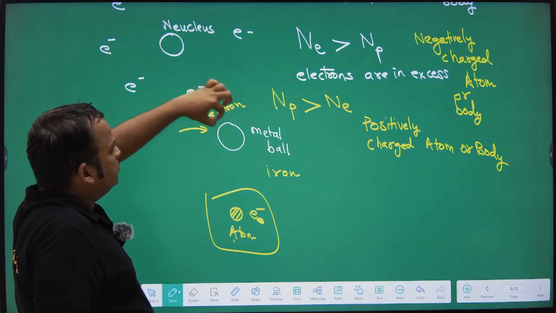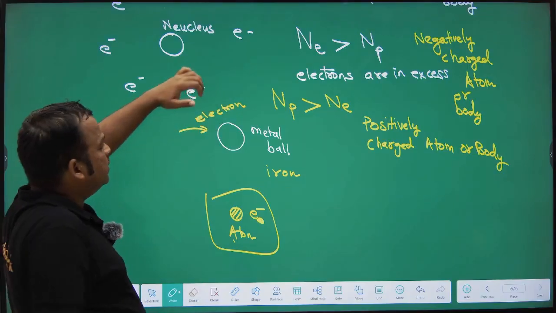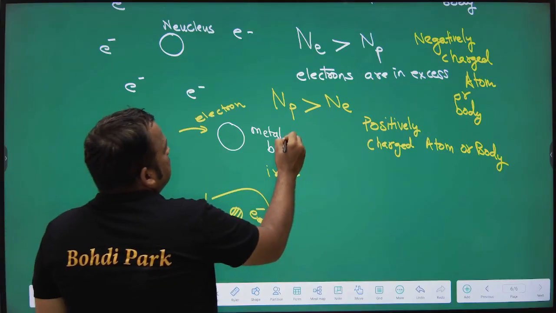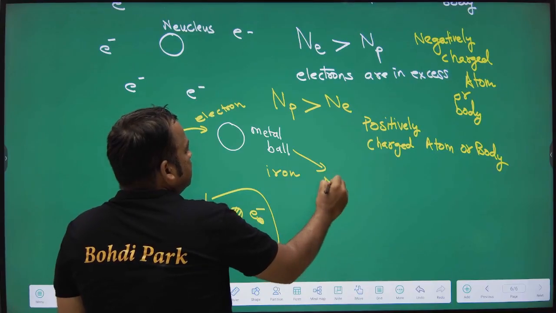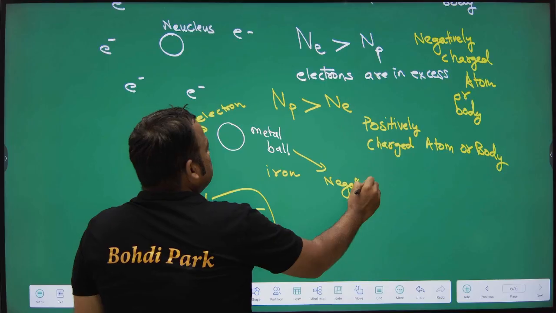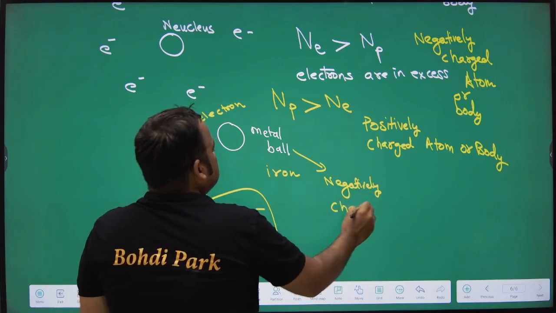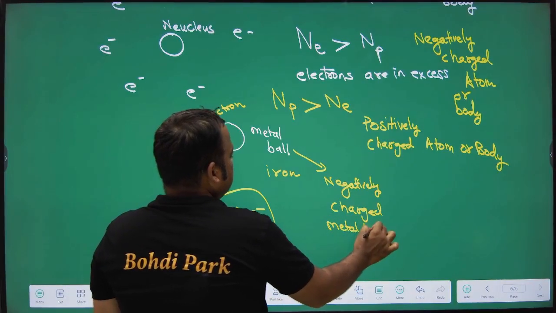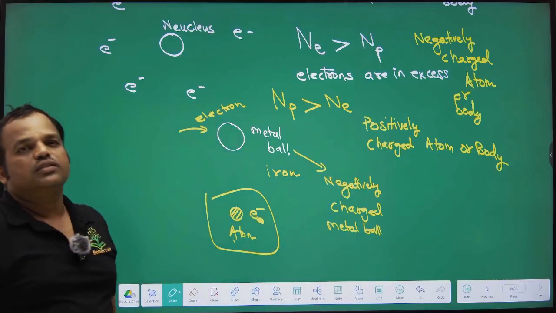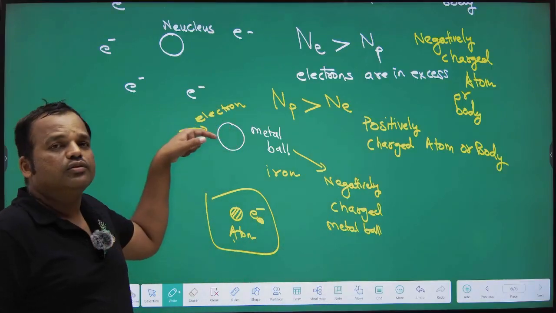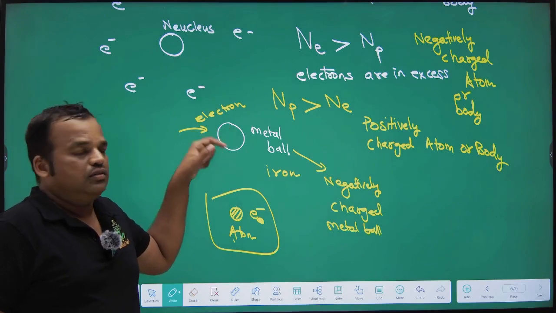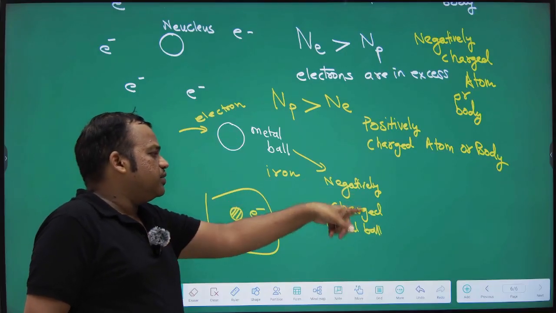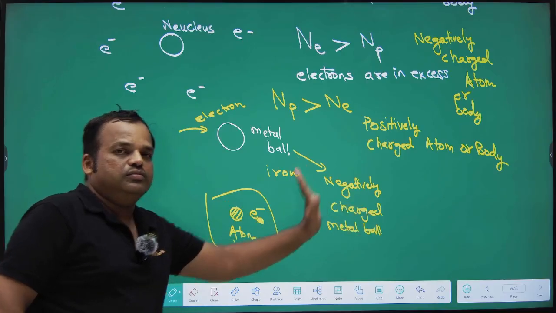Many atoms will become negatively charged, and we say this metal ball is negatively charged, because we are supplying electrons to it. It has a large number of electrons, so that is known as a negatively charged metal ball.